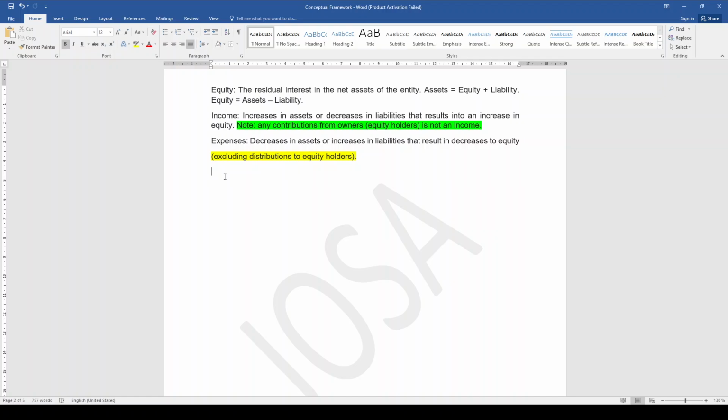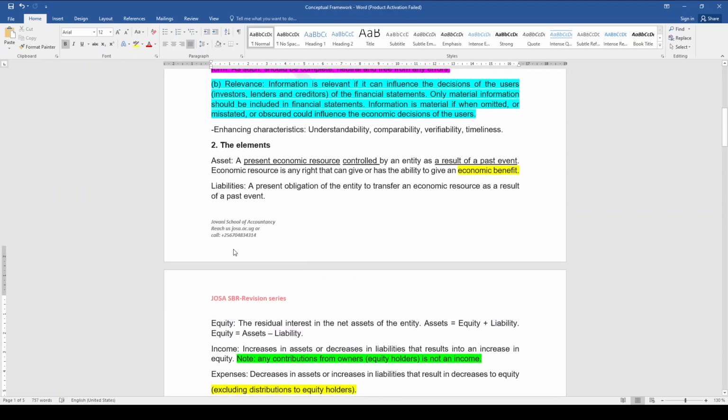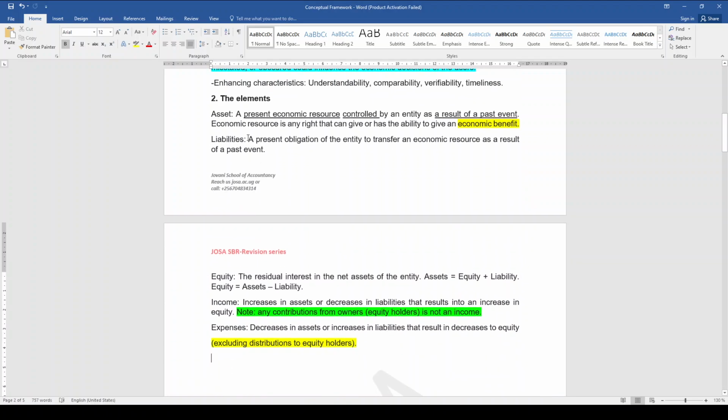Assuming that the accountant is making a provision for future losses and you do not know what IAS 37 guides, but you remember the definition of a liability as per the conceptual framework.